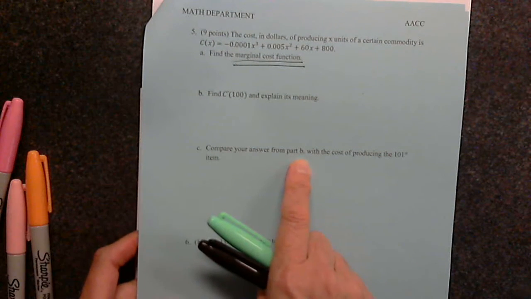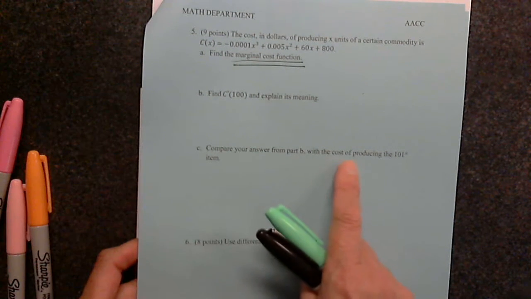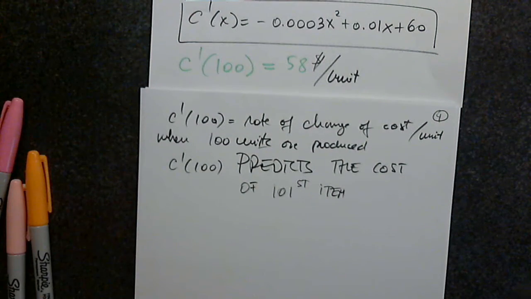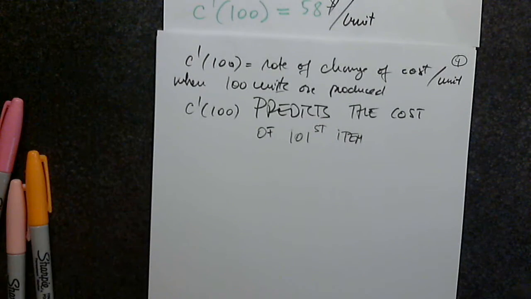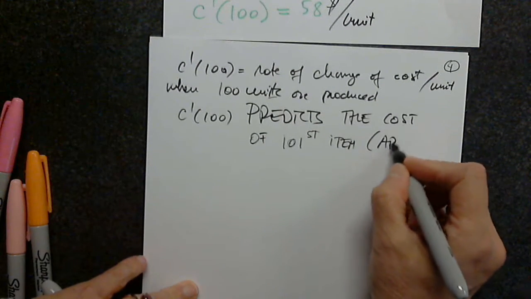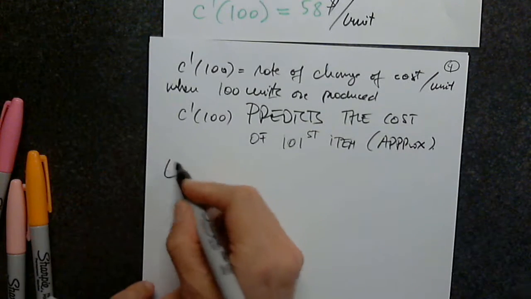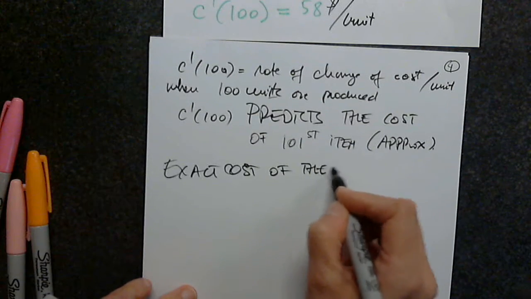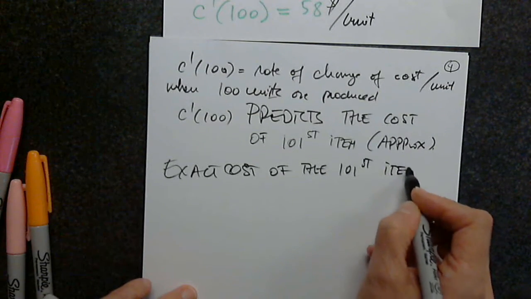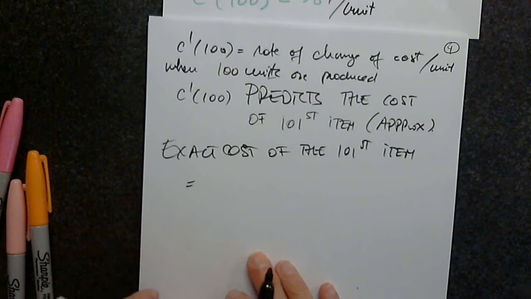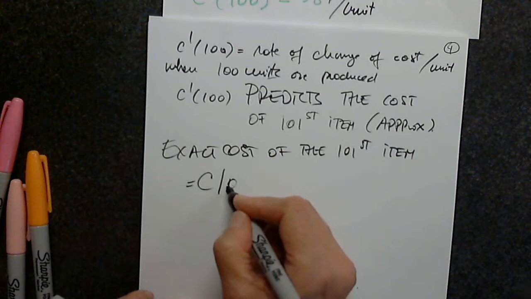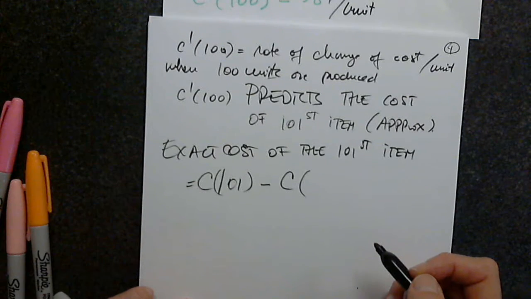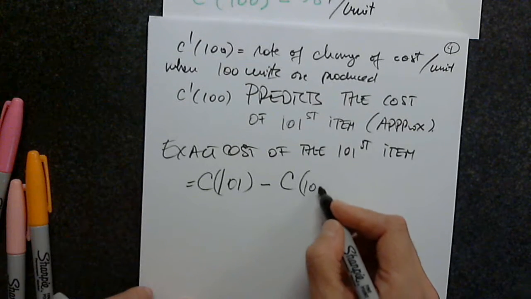Compare your answer from part B, which is that 58, with the cost of producing the 101st item. So this is an approximation. The exact cost of the 101st item is determined how? Cost of 101 minus cost of 100.